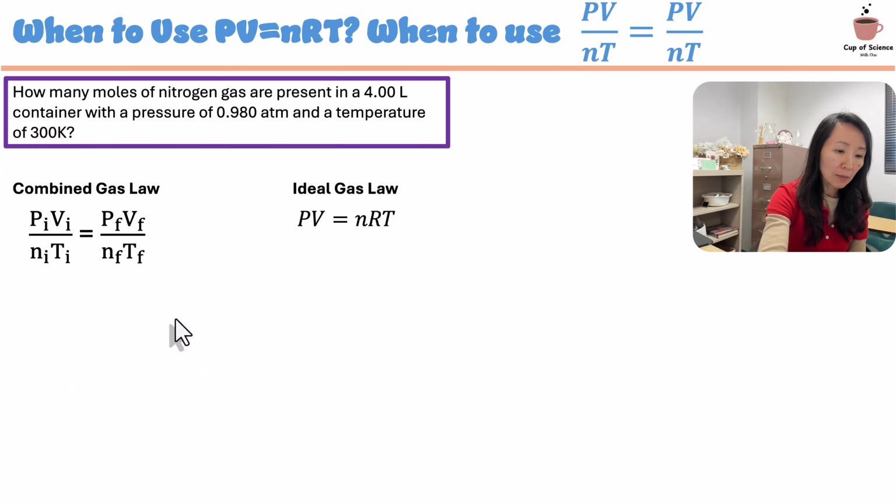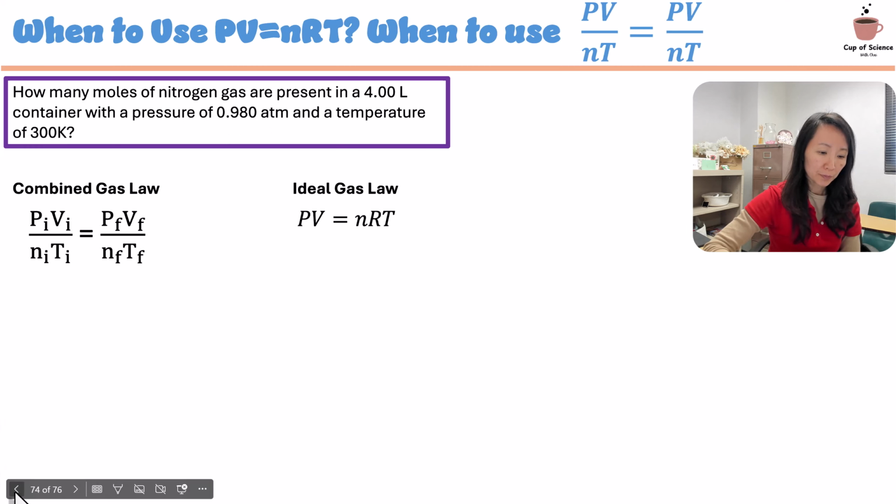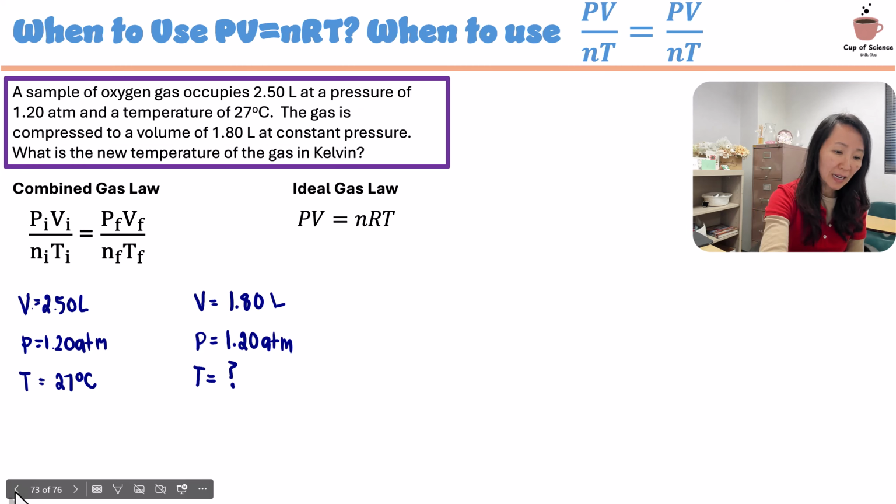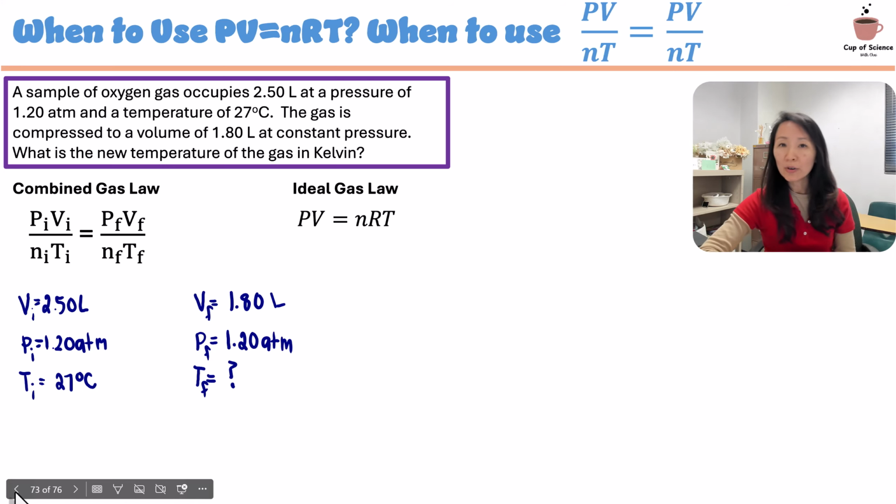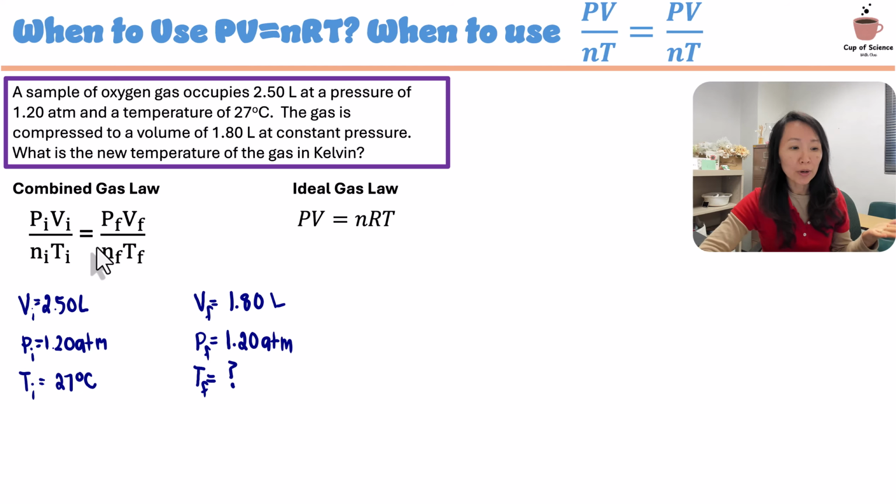So I'm going to label the left side as initial and the right side as final. We can already deduce that this is a good point in time where we use the combined gas law. You have two volumes, and you have one temperature and you're looking for the other. So let's go ahead and use this.